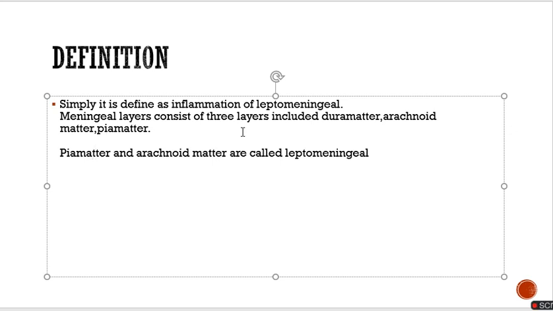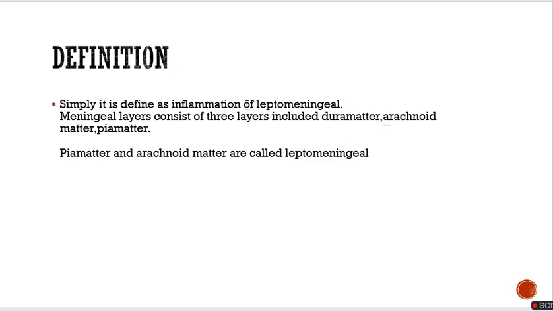The meningeal layer consists of three layers: dura mater, arachnoid mater and pia mater. But in meningitis only two specific meningeal layers are affected: the pia mater that is attached to the brain, and the arachnoid mater that is attached to the pia mater.